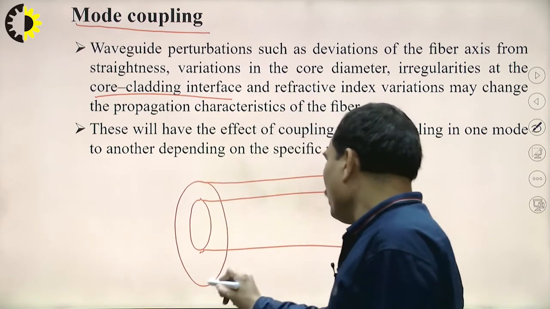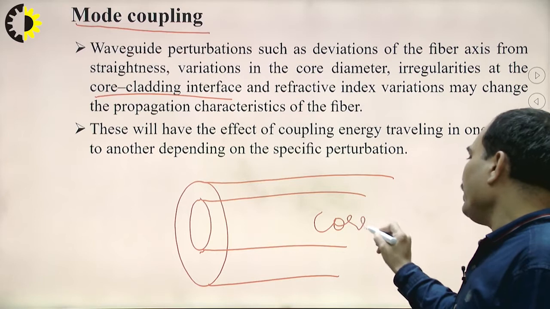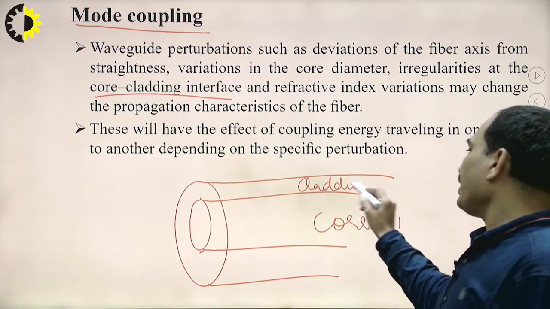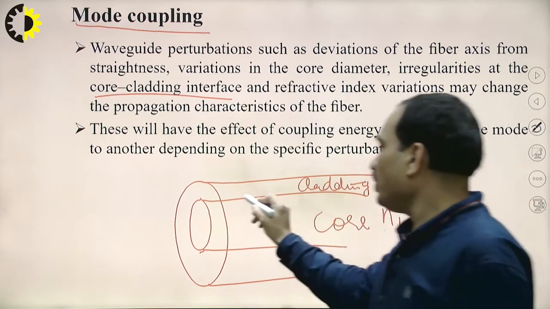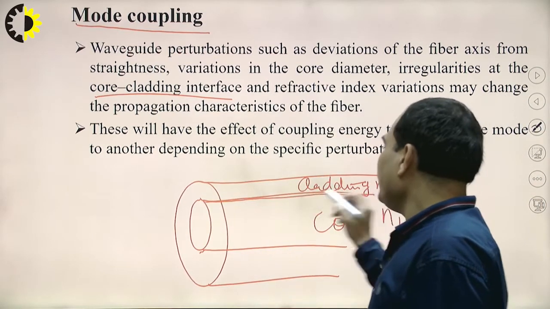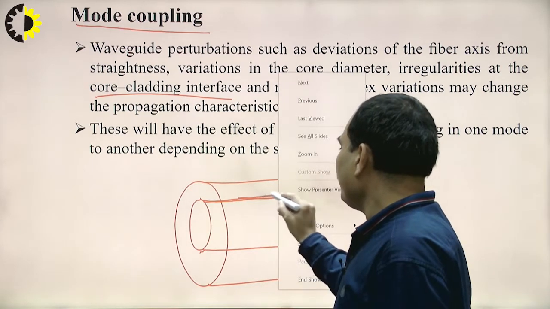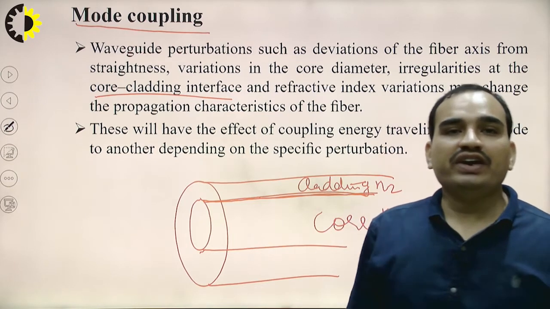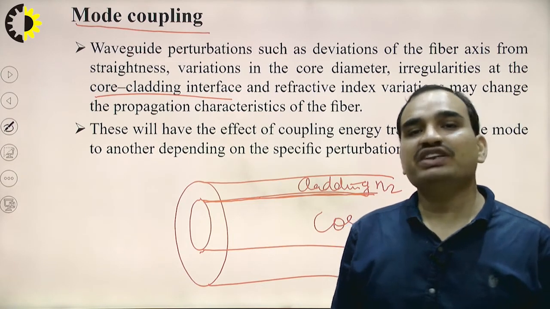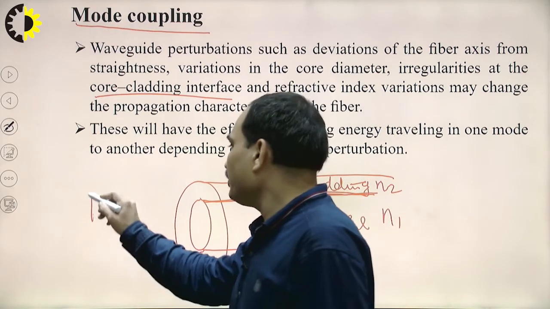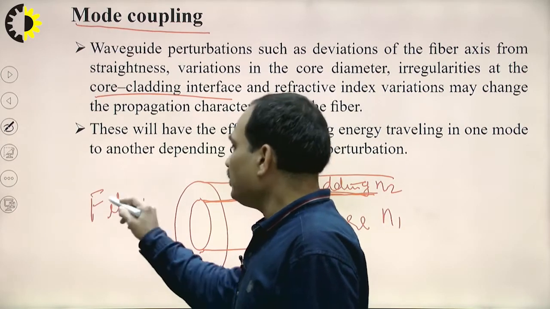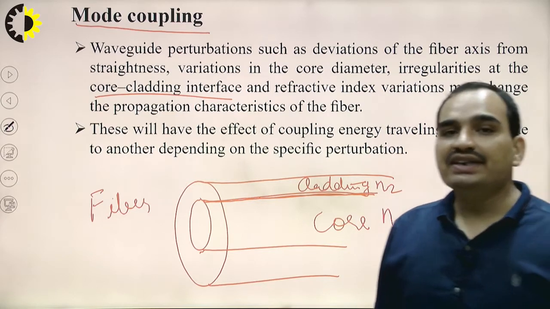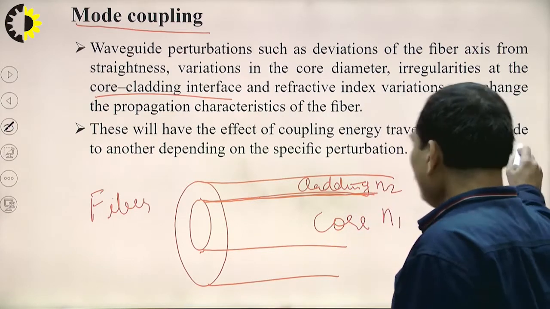If we have the core with refractive index N1 and the cladding with refractive index N2, we call it the core cladding interface, the interface between the core and the cladding. The refractive index variation may change the propagation characteristics of the fiber, so there will be the effect of coupling energy traveling in one mode to another mode.